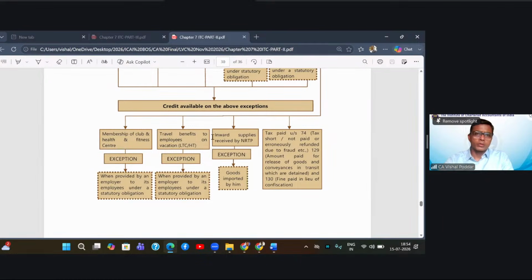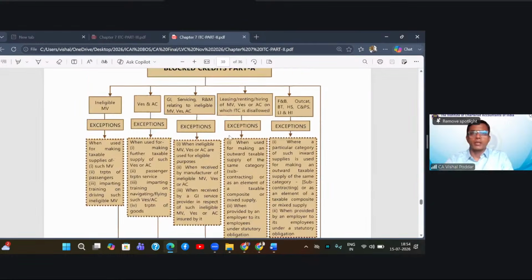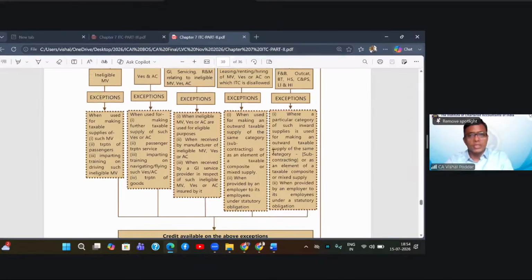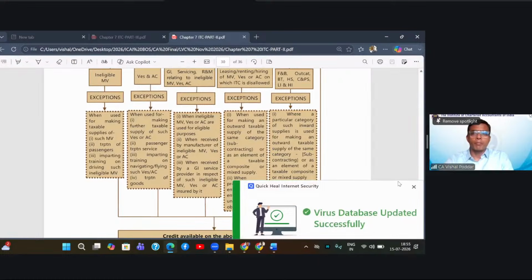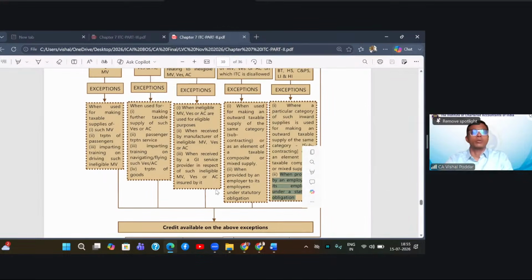Now, when you talk about supplies up to this point, up to the point of travel, so membership, travel, then food, beverages, healthcare, these all supplies, when used for your employees and when giving it to employees is obligatory, so providing these facilities to your employee is a statutory obligation, credit will be allowed. So this is the second standard exception. And the first standard exception, as I've already said, is when these supplies are used as inputs for making the outward supplies.